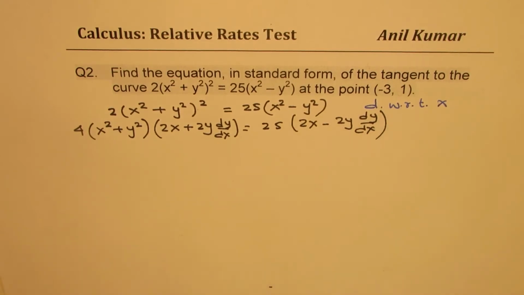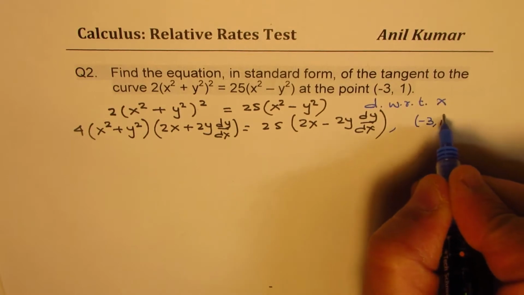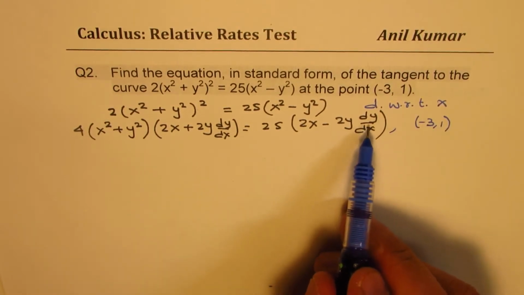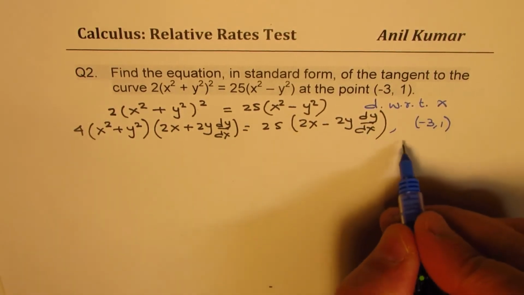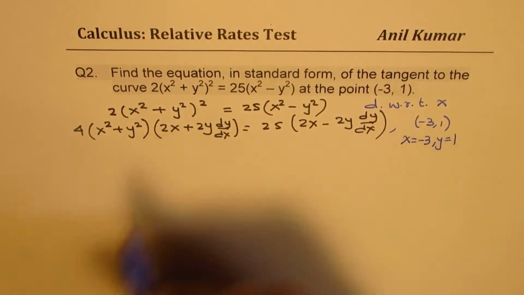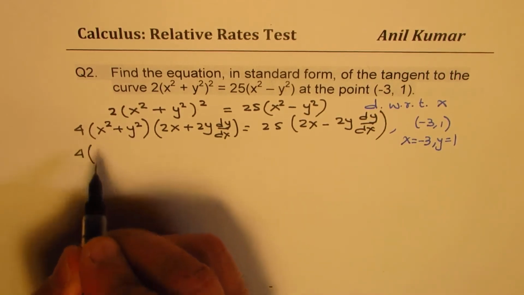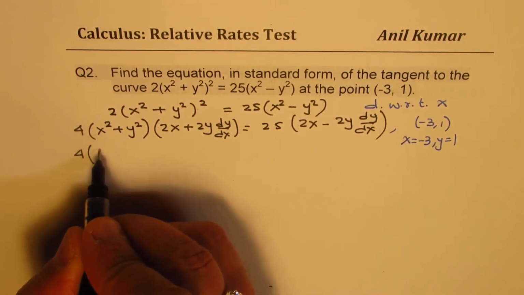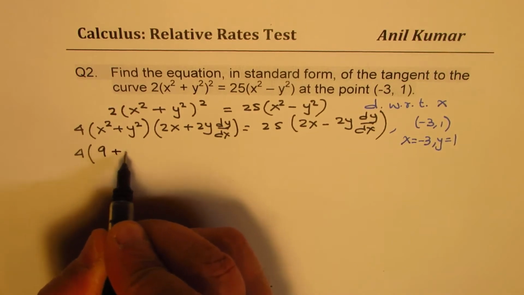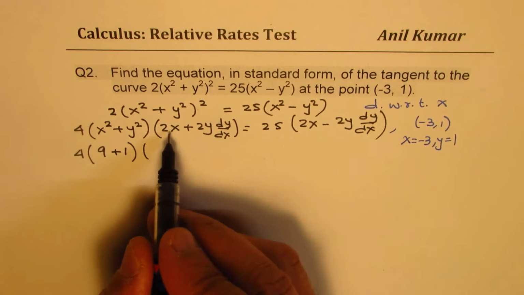Now we are given that the point here is (-3, 1). We need to find dy/dx. So I'm going to substitute x equals -3 and y equals 1. So what you get here is 4 times (-3 squared, which is 9, plus 1) times (-3 times 2, right?